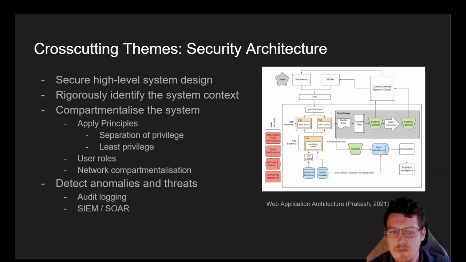Security is not something that you can effectively implement as an afterthought. Best practice when we're talking about security design is to treat security seriously from the initial design conception stage.